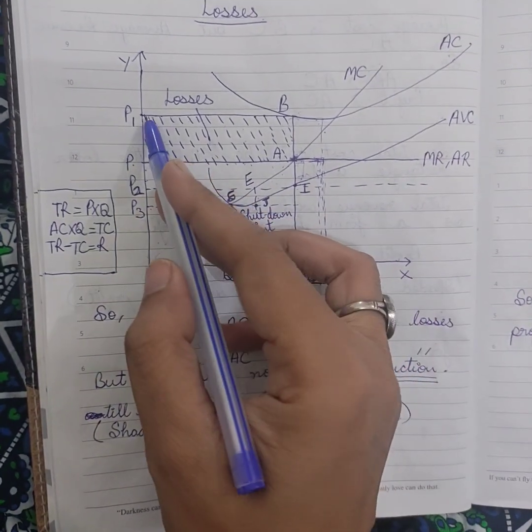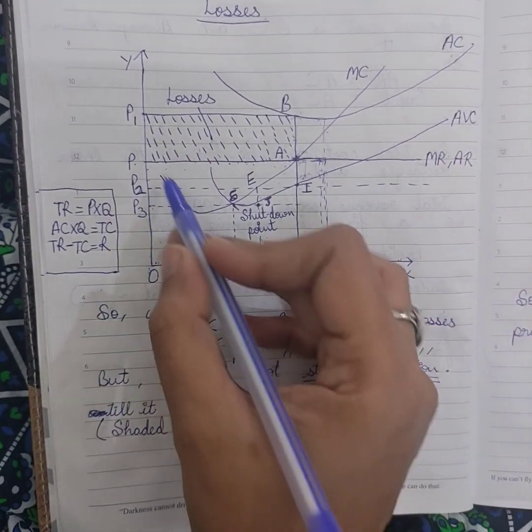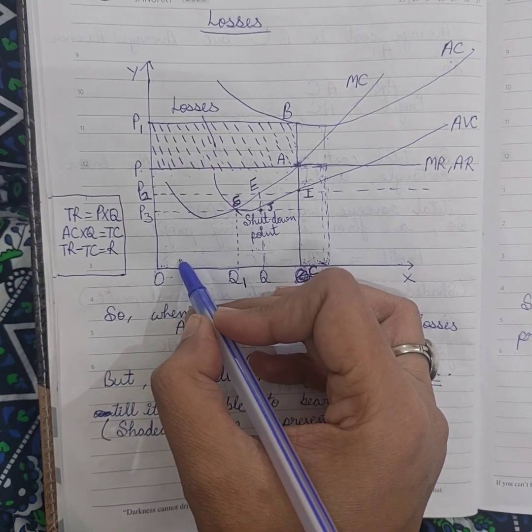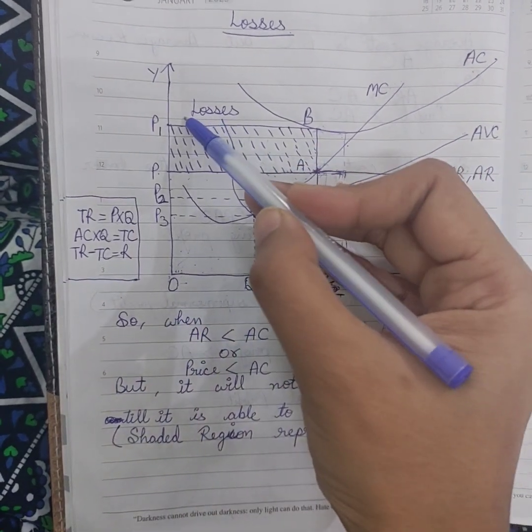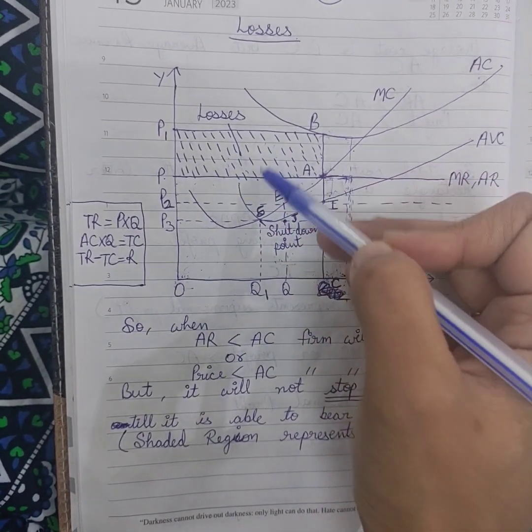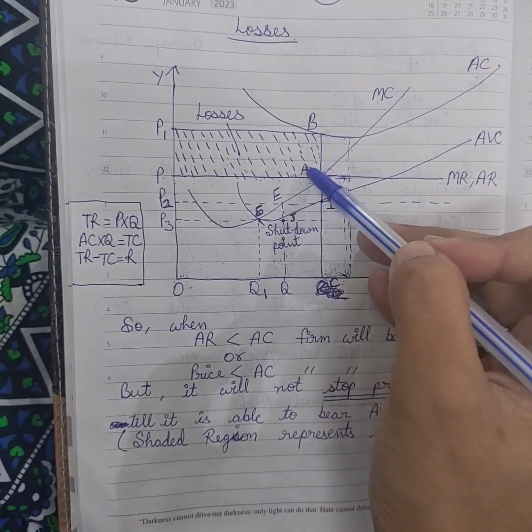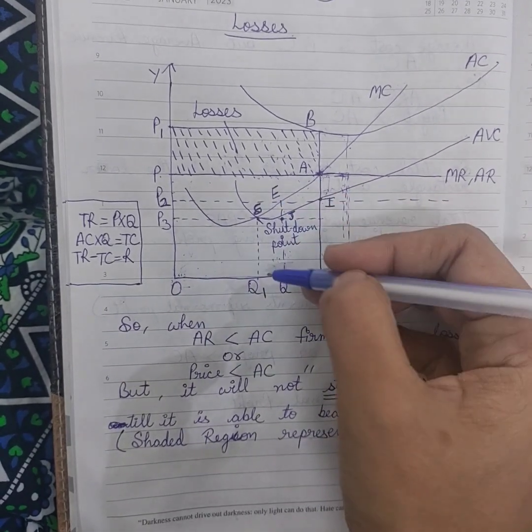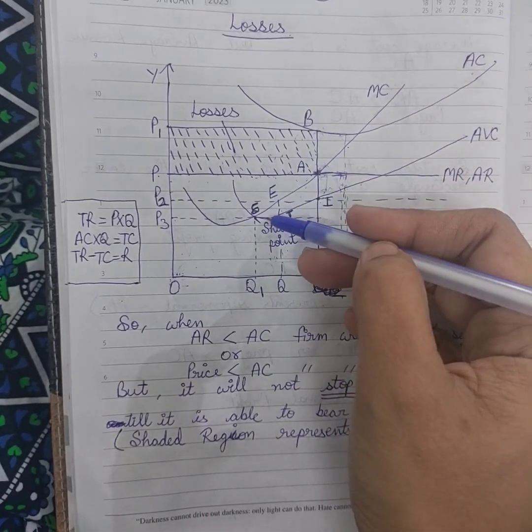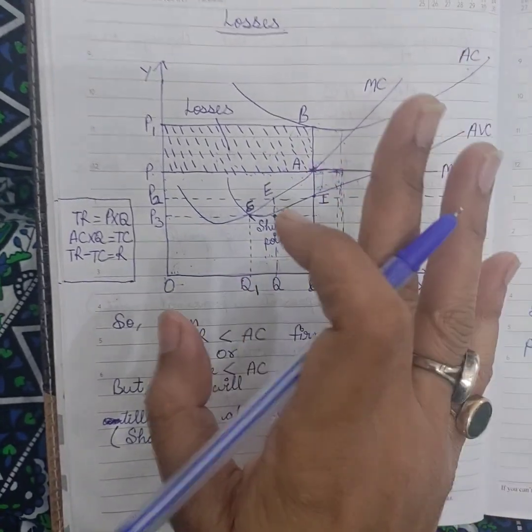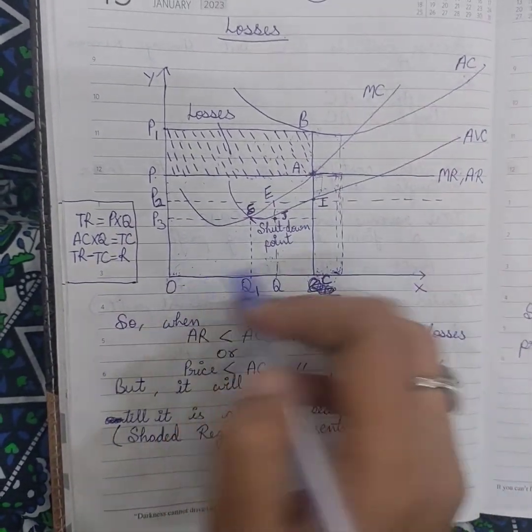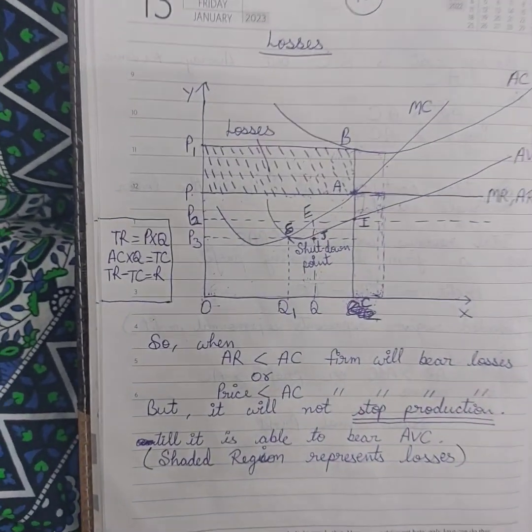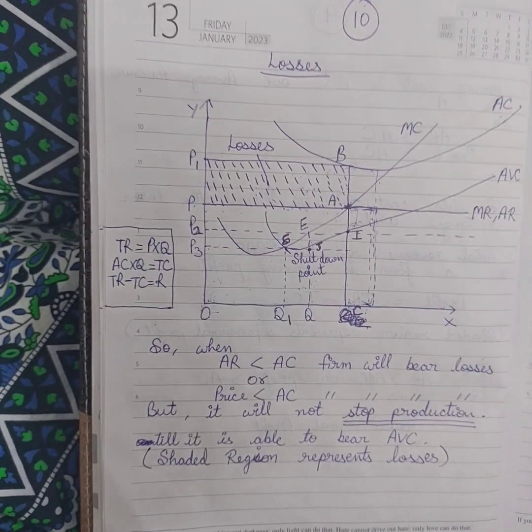So the upper rectangle is of cost and the lower rectangle is of revenue. The shaded region represents losses. Understood? Why? Because cost is greater than revenue. So it can be said that the firm is bearing losses, obviously, because cost is greater than revenue.